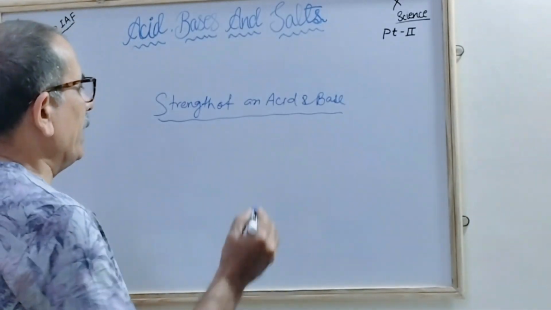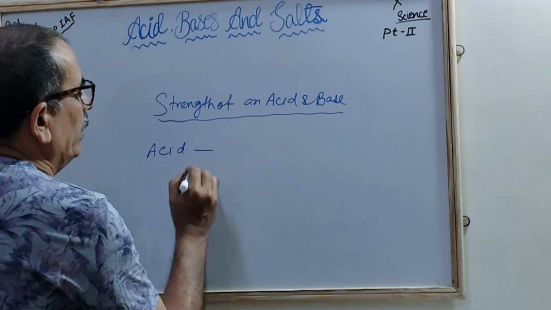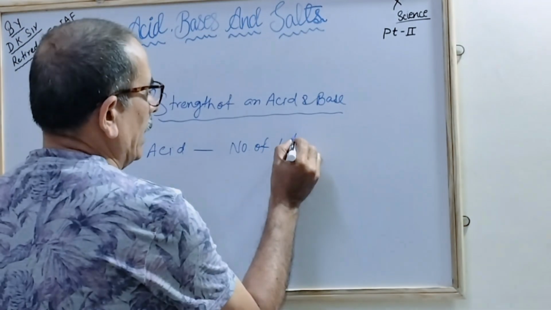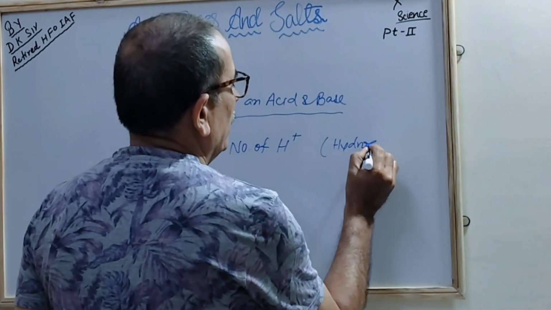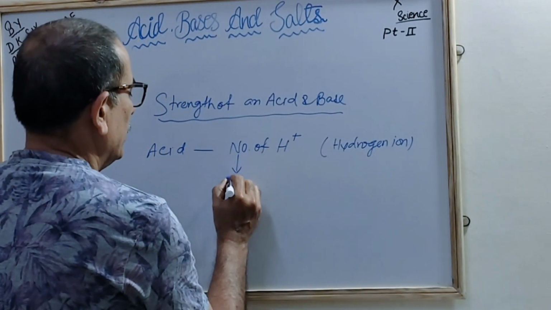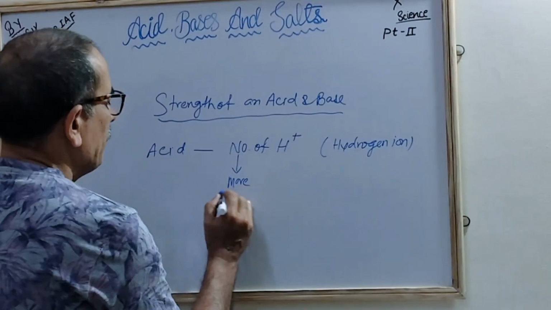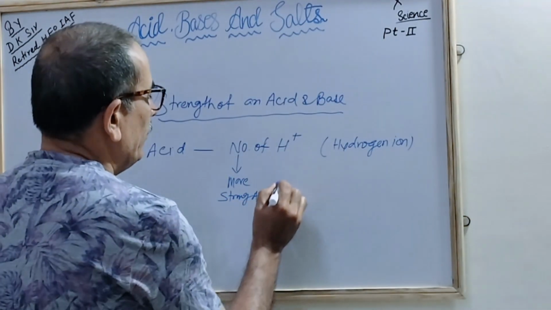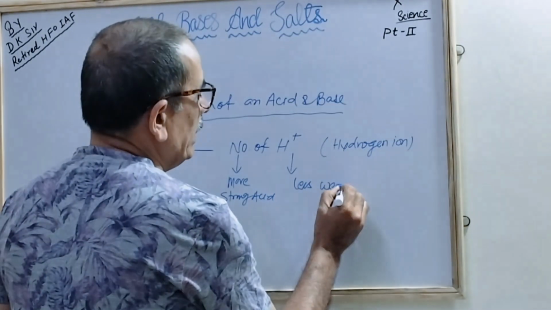The acid strength depends entirely on the number of H plus ions, the hydrogen ion, correct? If it is more, then we will say it is a strong acid. If it is less, then it is a weak acid, correct?